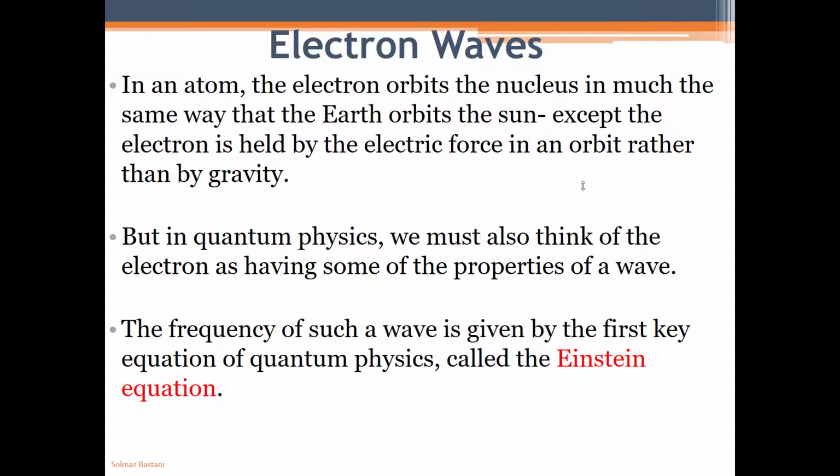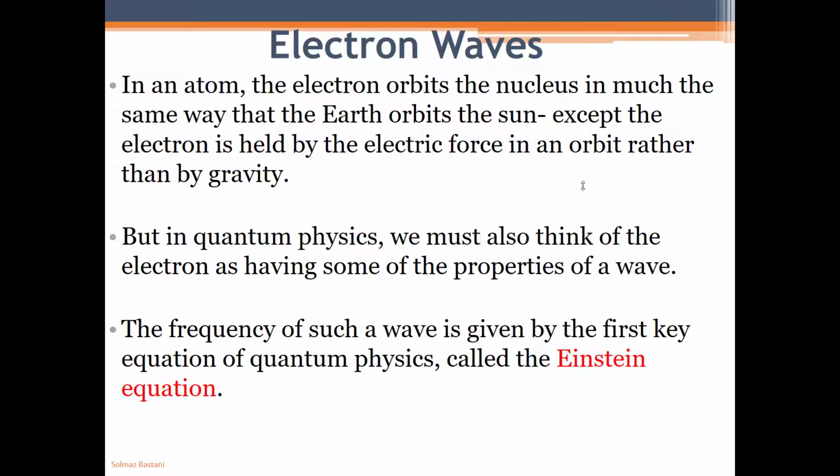All right, so what we know is that in an atom the electron orbits the nucleus in much the same way that the earth orbits the sun. The only difference is that the electron is held by the electric force, but the earth is held with a gravitational force. Now, in quantum physics, we must also think of the electron as having some of the properties of a wave.